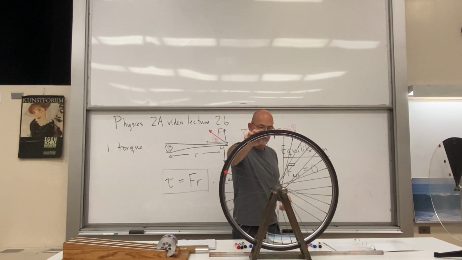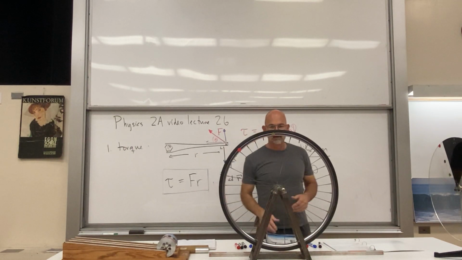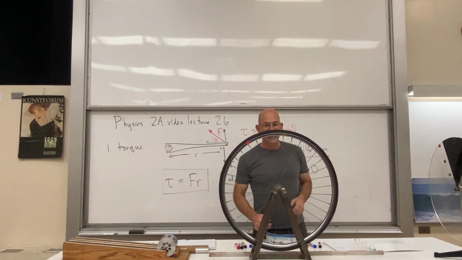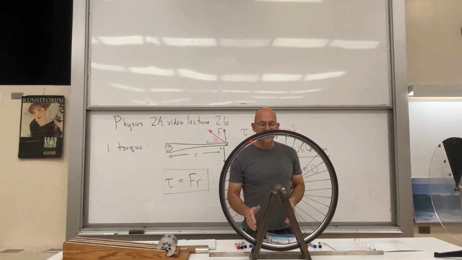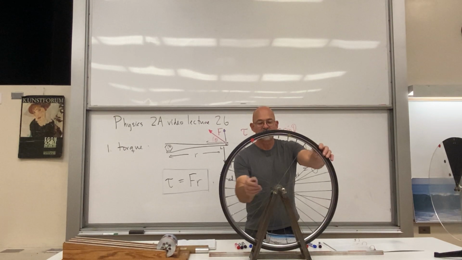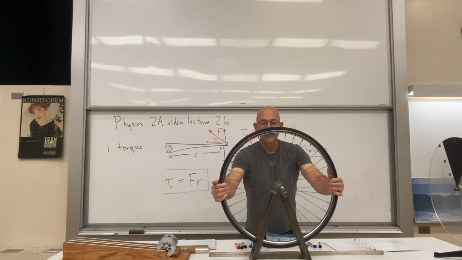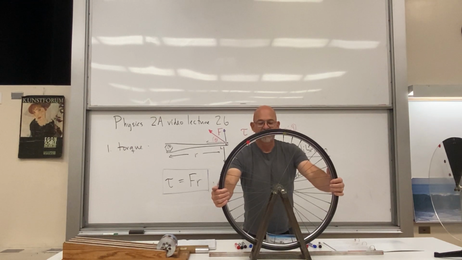Okay, at a point where it's balanced. Good. So it's in equilibrium. Can't get this thing to play along. Good enough. It's at rest, and what is the net force on it? The net force is the weight and then the force of this frame holding it up. We can say a normal force and a weight again.